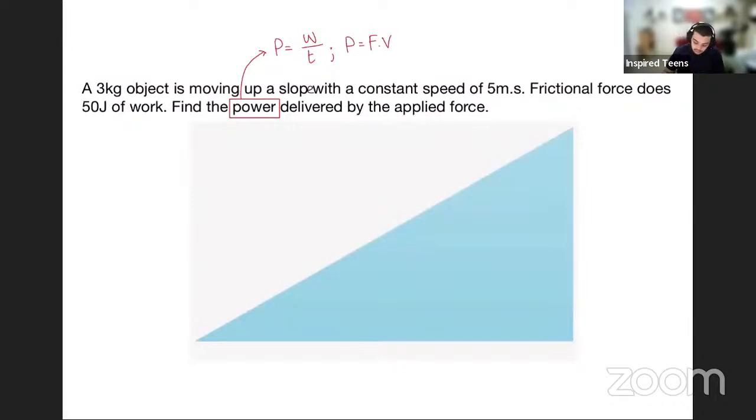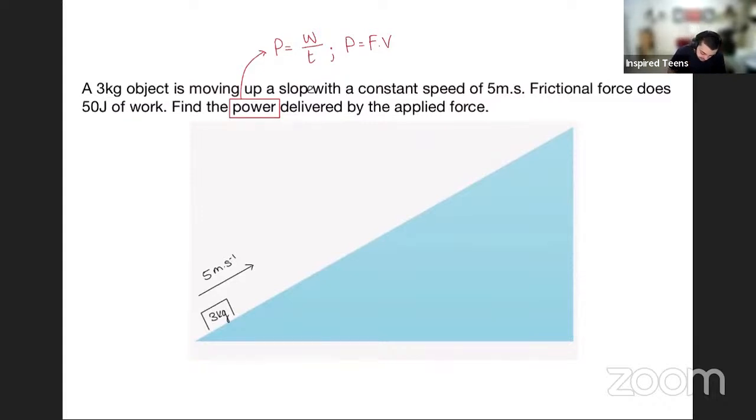We're actually supposed to have a drawing. This object, which is 3 kg, is moving up the slope with a constant speed of 5 meters per second to the power of negative 1.